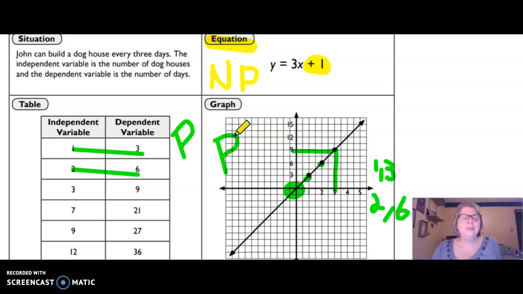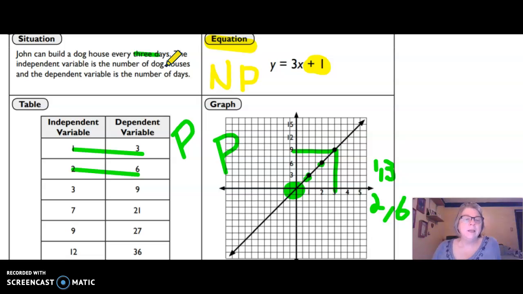So it looks like my equation is going to be my answer. But just double checking, it says John can build a doghouse every 3 days. So if John builds every 3 days, I'm looking for that number 1. And you might think, well, he builds 1 doghouse every 3 days. But that 1 isn't explicit in the problem.